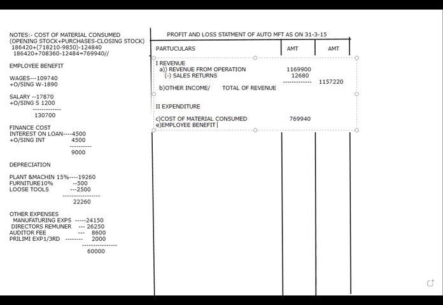So how much we got in the working notes when we have done it? Employee benefit we got around 1,30,700. Then I got F, is finance cost. Finance cost I got some 9,000.